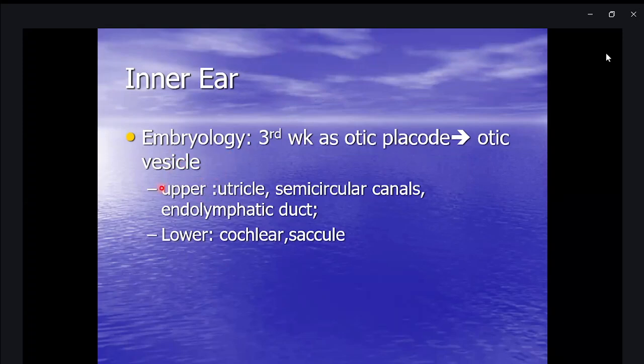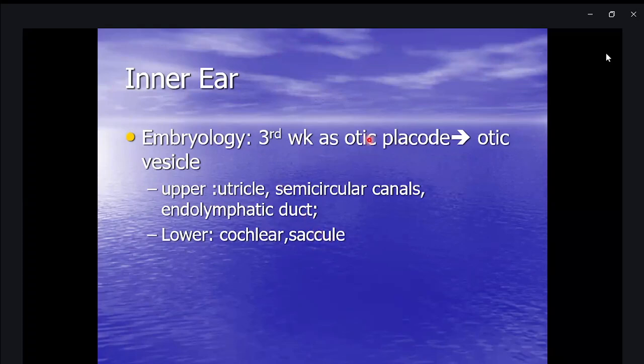The upper part of this otic vesicle differentiates to form the utricle, semicircular canals, and the endolymphatic duct. And the lower part forms the cochlea and the saccule.